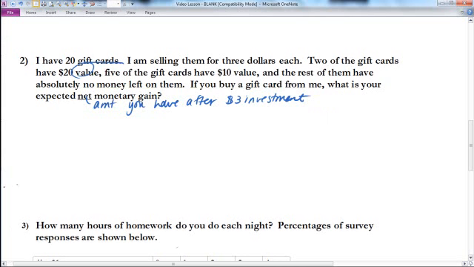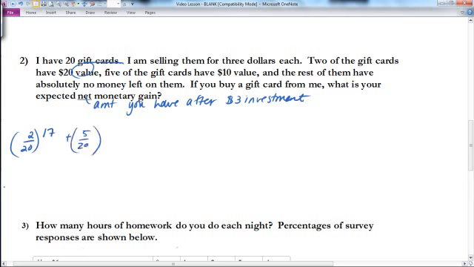So I could say that the expected value of 20 is really $17, and there are two gift cards that have a value of 20, so we would say that that probability is 2 out of 20 for occurring. There are 5 gift cards that have a value of $10, so their probability of occurring is 5 out of 20.